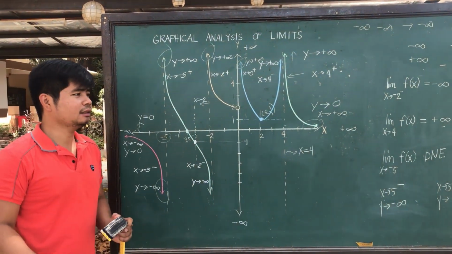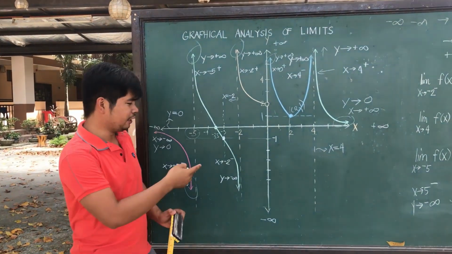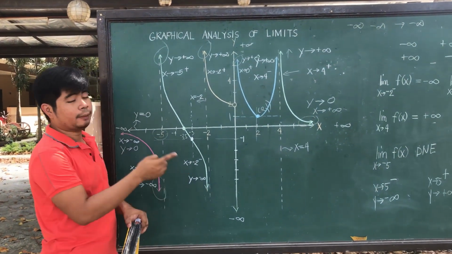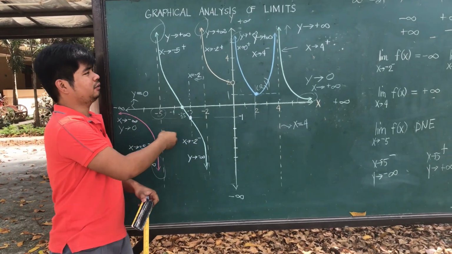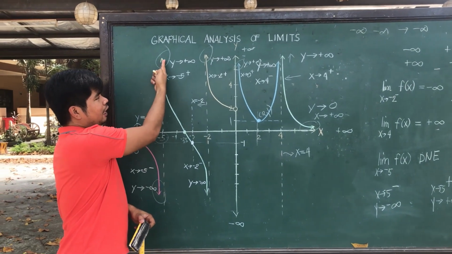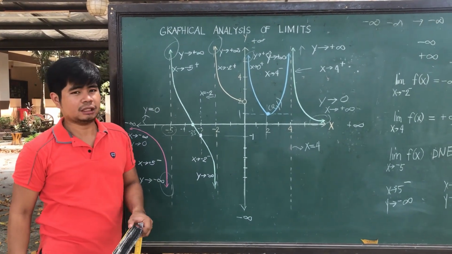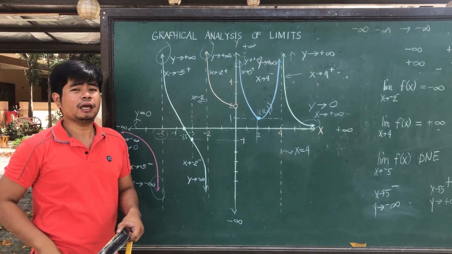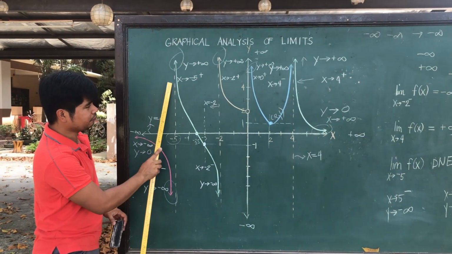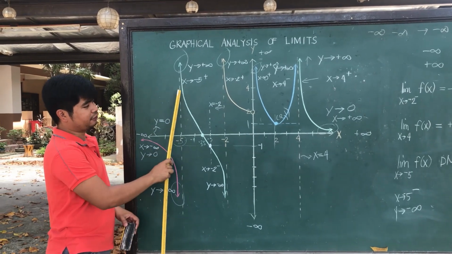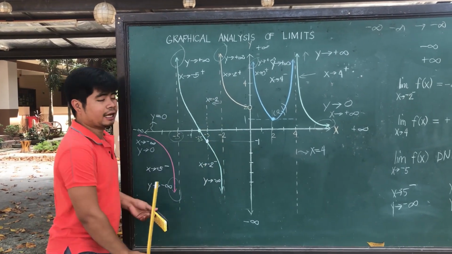Also, do not forget that whenever you encounter an arrow as you are approaching particular value of x from either sides, left or right, then arrow would signify infinity. Okay? And always be very observant on the imaginary lines. The vertical lines are asymptotes.